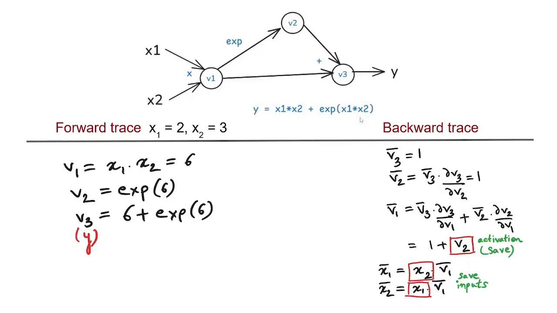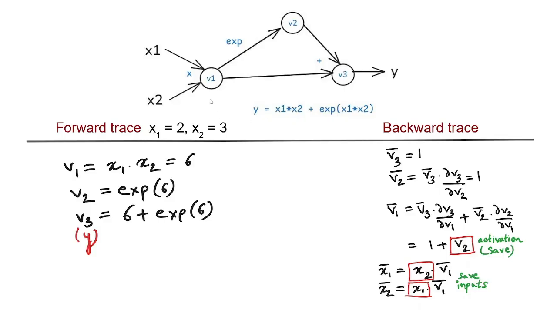Let's see how the algorithm works for this. For that, we have to go in two phases. First we have to take these values of x1 and x2 and run the computation forward to obtain the value of y. And once we have this, I'll run the computation backwards to obtain the derivative of y with respect to x1 and with respect to x2.